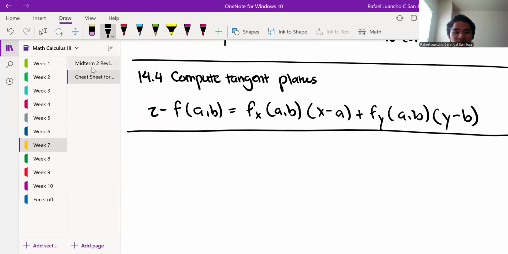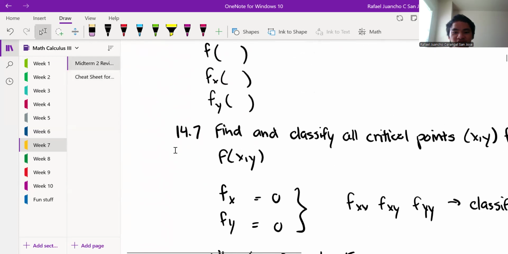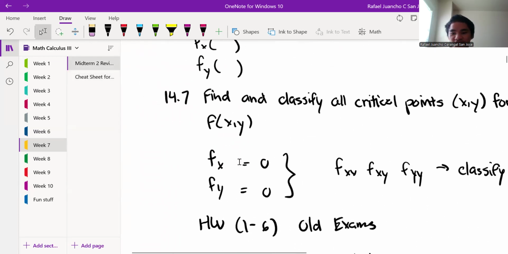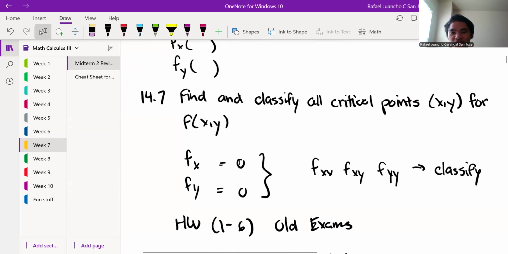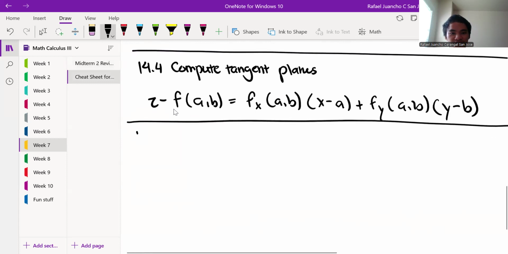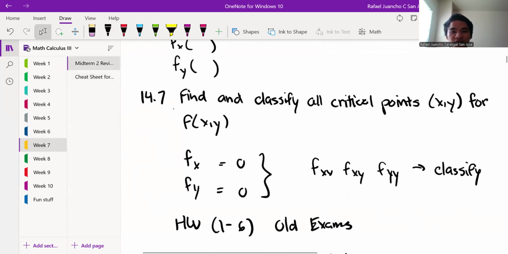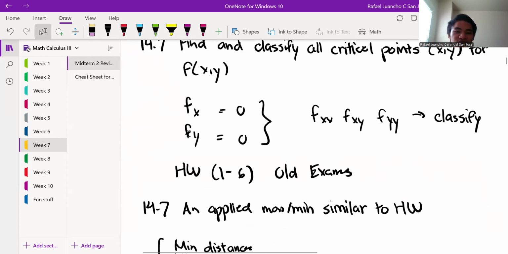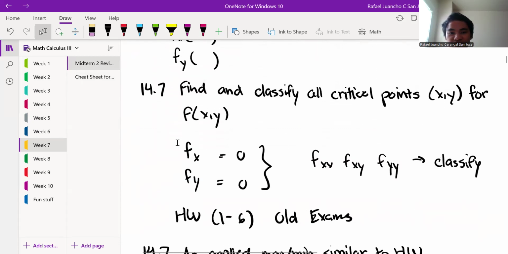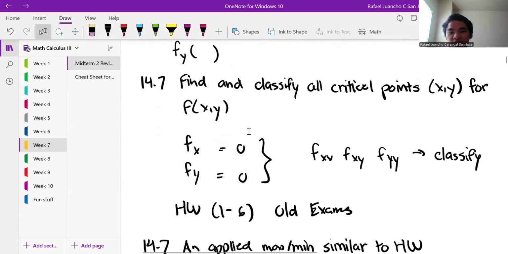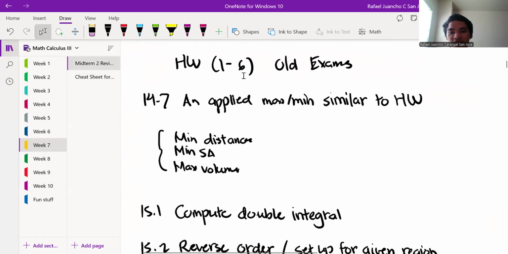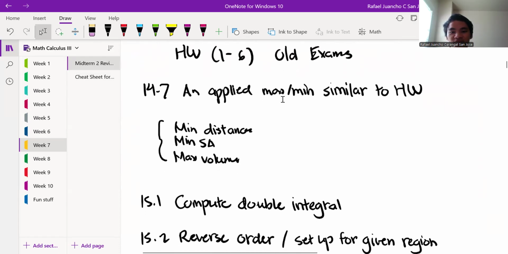Okay, and then for 14.7, which is finding and classifying all critical points, I'm going to do this in the next video. I'm going to take a break first. Basically, we find some critical points, homework 1 to 6, and then we do some applied maximum or minimum, similar to the homework.